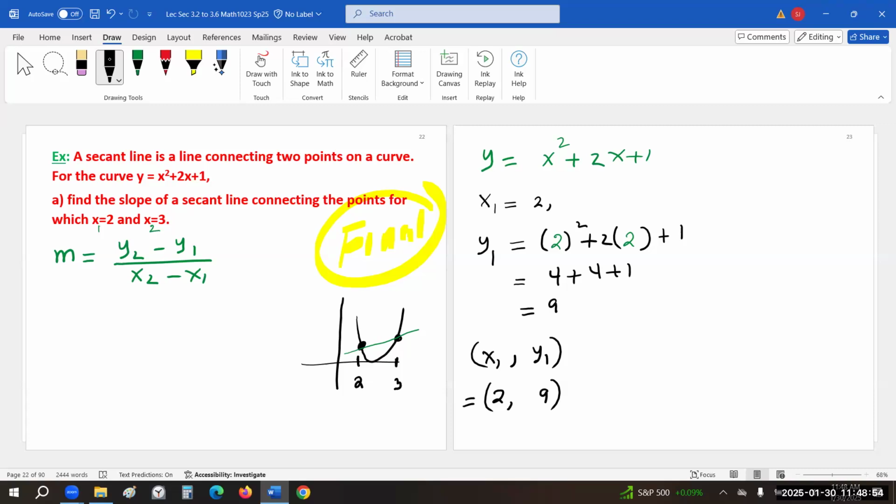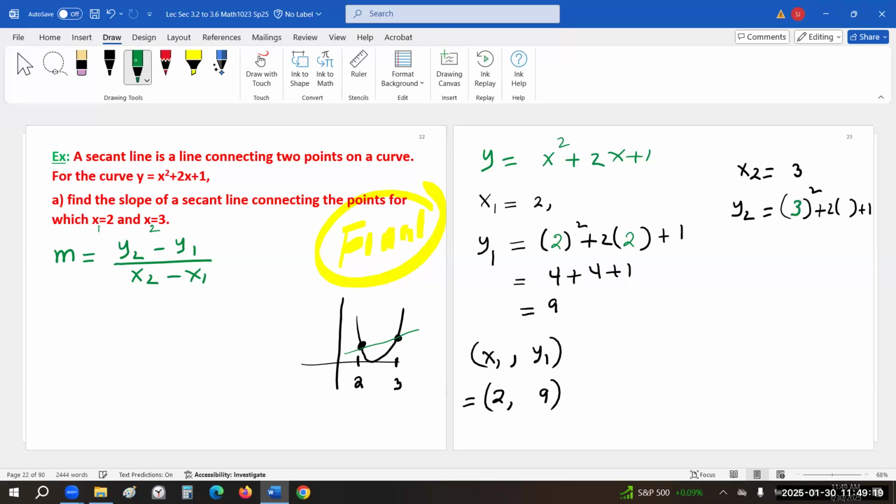We know our X2, they're telling us our X2 is 3, but they did not give us our Y2. So X2 is 3. How do we find the Y2? We do the same thing we did here.